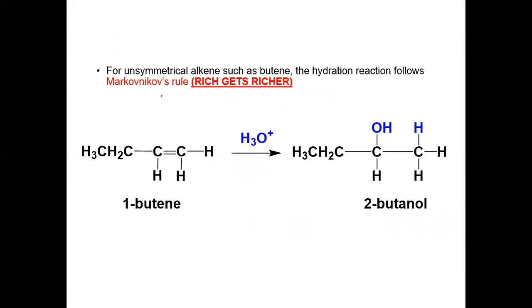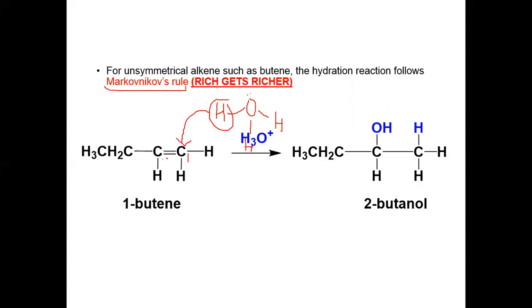Okay. For unsymmetrical alkenes such as butene, the hydration reaction follows Markovnikov rule. Rich gets richer. So hydrogen akan masuk kepada carbon yang banyak hydrogen. So you can assume ni water ni, macam ni structure dia. One of the H will go to this carbon.